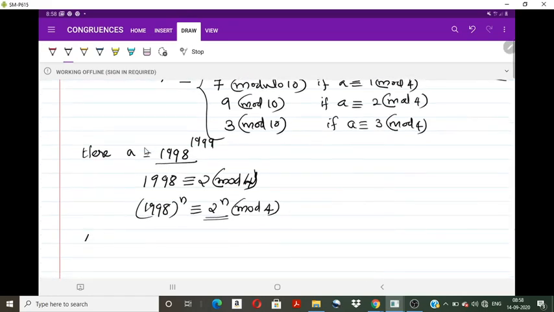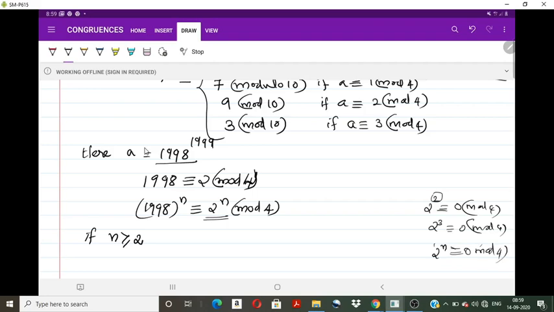Suppose the power n is greater than or equal to 2. Then it is 2 squared, which is a multiple of 4, congruent to 0 mod 4, and 2 raised to 3 is again a multiple of 4. So if n is greater than or equal to 2, all such powers will contain 4 as a factor, so this will be congruent to 0 modulo 4.